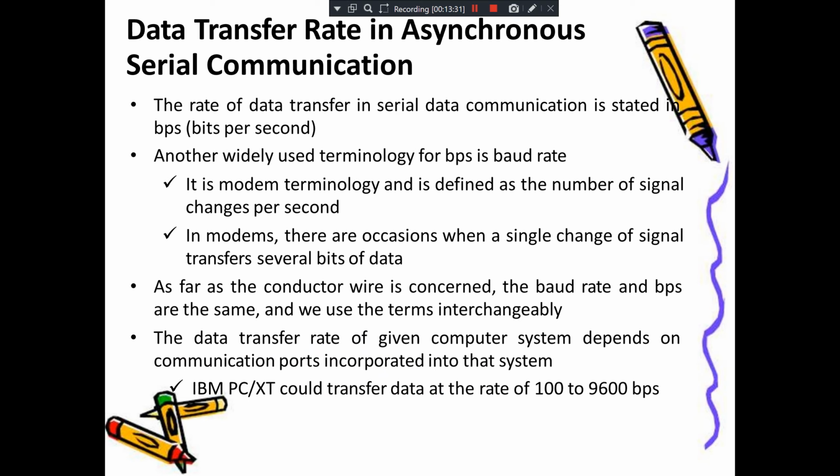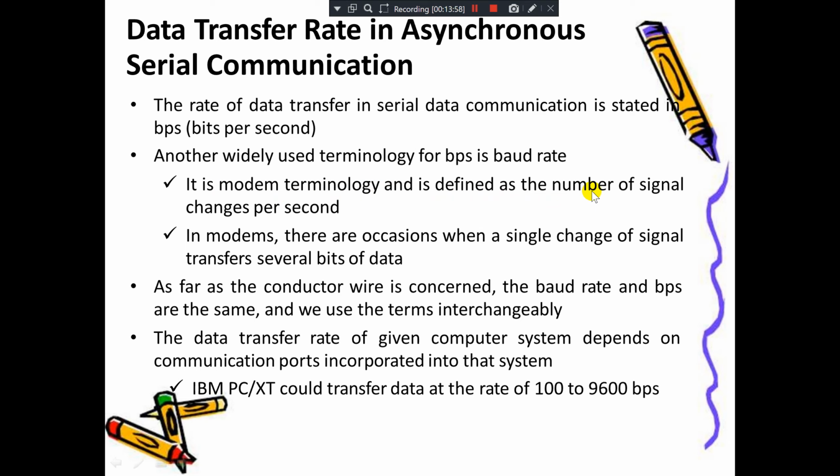the rate of data transfer in serial data communication is stated in bps, which is nothing but bits per second. Another widely used terminology for bps is baud rate. It is modem terminology and it is defined as the number of signal changes per second.